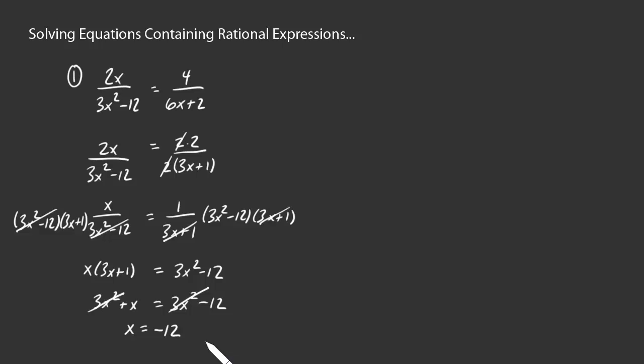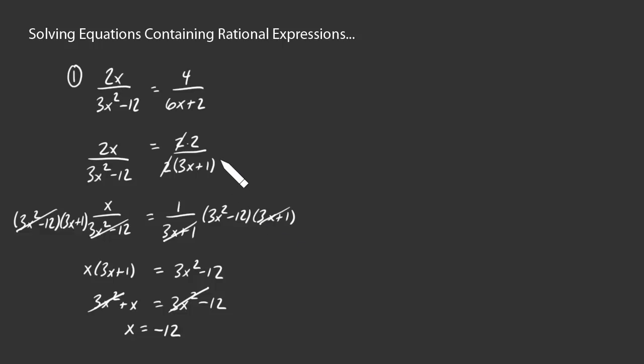Okay. Now, we have to be careful here. Remember I said there were some risks in multiplying by some sort of expression on the left and the right to clear the denominators. One of those risks is, what would happen if this particular value of x made this product that you're multiplying by 0?